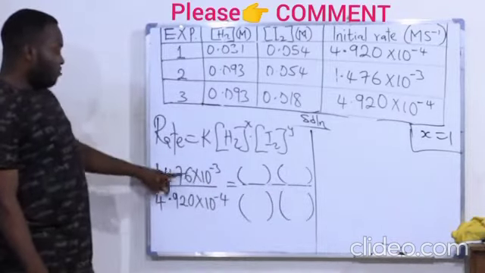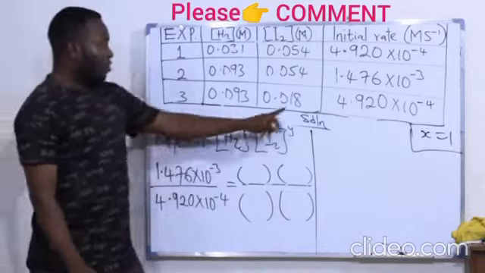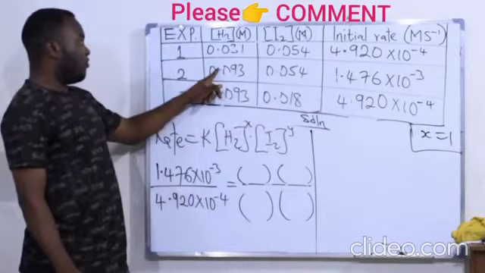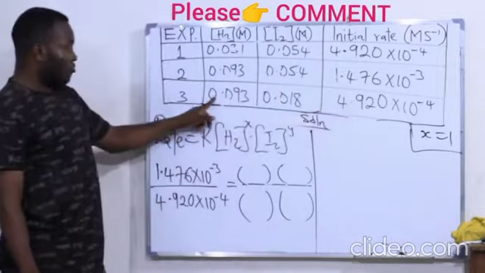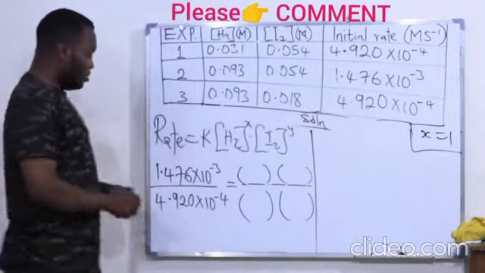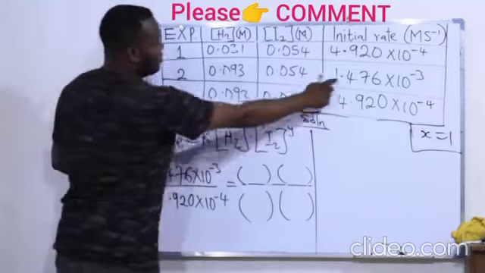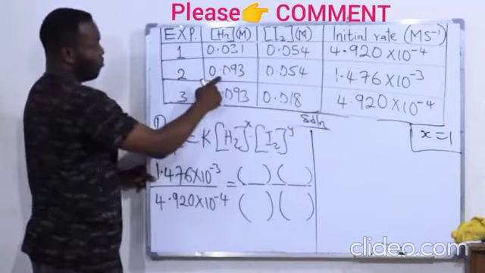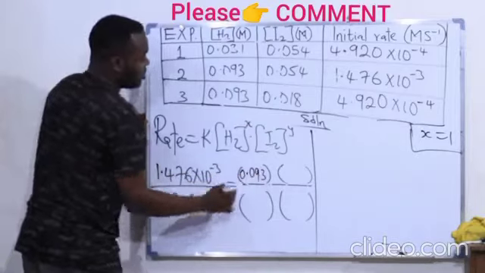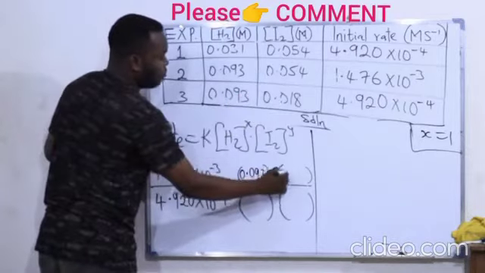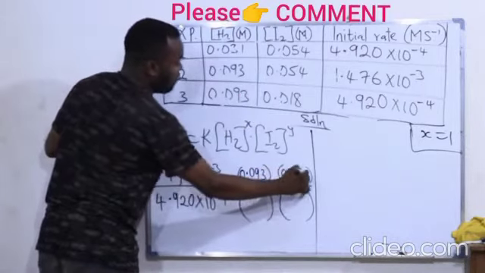Remember, for this rate, this is the concentration of hydrogen, this is the concentration of iodine. For this rate, this is the concentration of hydrogen, this is the concentration of iodine. So for this rate, my hydrogen concentration is 0.093, and my iodine concentration is 0.054.